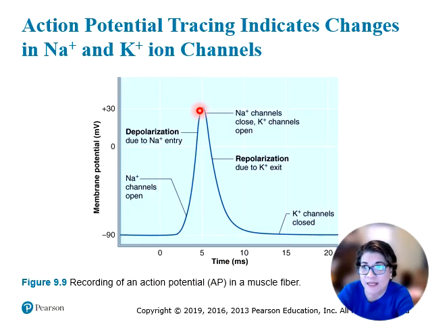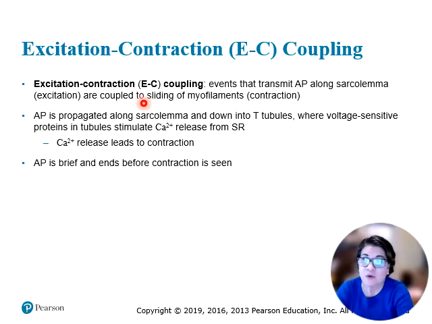This action right here is causing it to zap the T-tubule, which causes the sarcoplasmic reticulum to open up and release calcium on the muscle fiber. Whew, I know it's a lot, but it's cool. So excitation-contraction coupling is when the action potential is causing that sarcolemma thing that I just said. So it's causing the calcium to release.